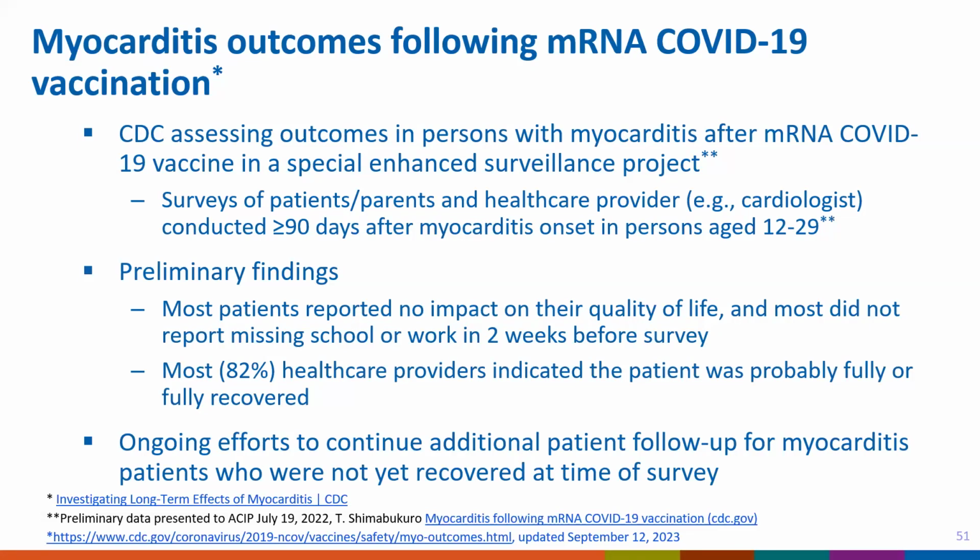But the CDC has been conducting ongoing follow-up of some of these cases. They haven't finished everything, but the preliminary findings suggest most patients report no impact on quality of life, or missing school or work. And most indicated that the patient was probably partially or fully recovered. And again, they're continuing to monitor this.